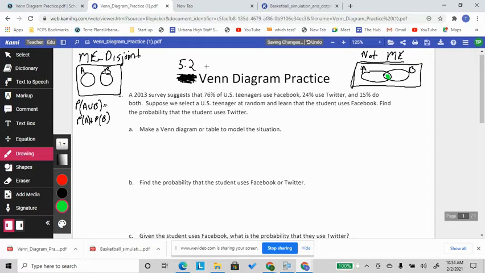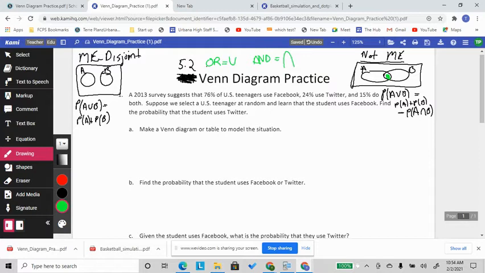The union, A union B, looks like the probability of A plus the probability of B minus the part where it's both in A and B. Remember, that's the symbol from the video, and. So this is your or symbol and this is your and. So let's write that down at the top. Or is going to look like this, and is going to look like this, the intersection. Remember, it looks like an A. Okay, so that was in your 5.2 video.